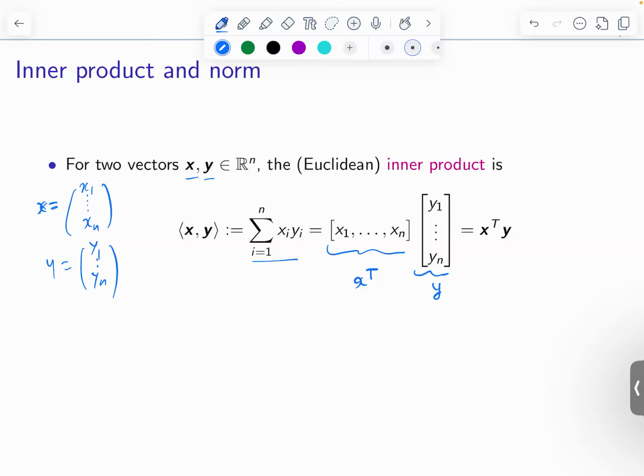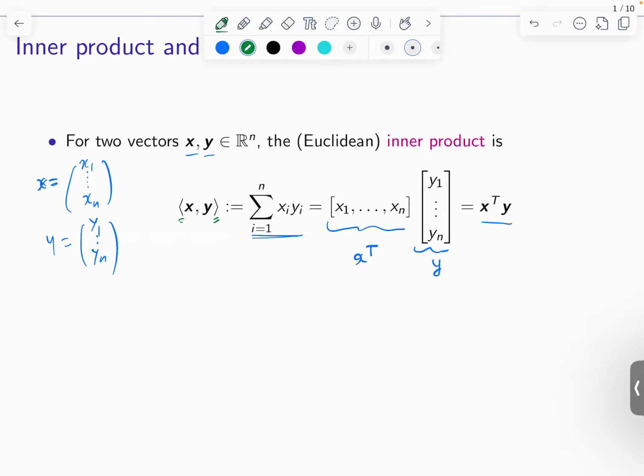Okay, so 1 by n times n by 1 is a matrix product, and it would give you the same expression. So it's a scalar, so really it's x transpose y, or this expression, and we also use this notation, angled brackets, and that's the definition of the inner product. To every pair of vectors is associated a scalar.